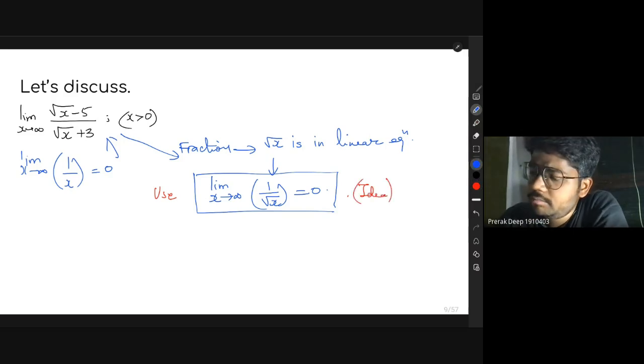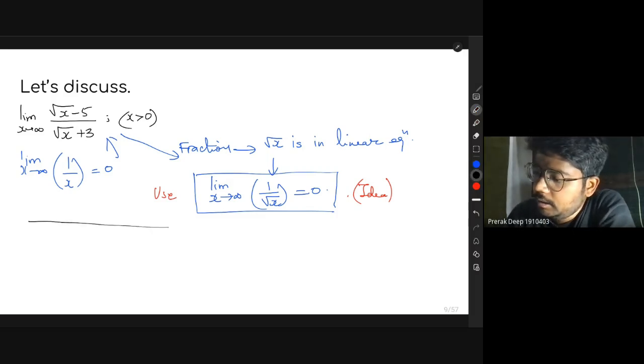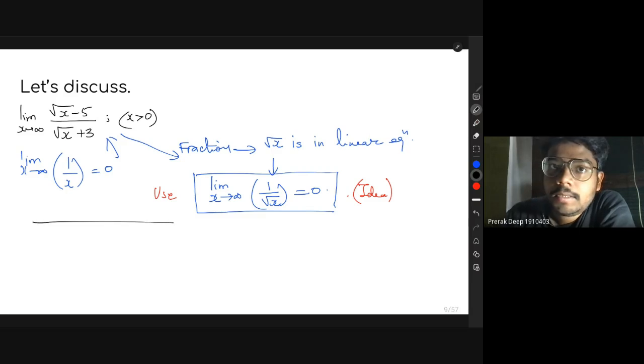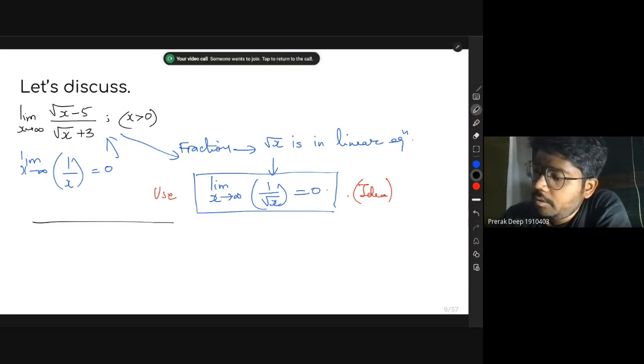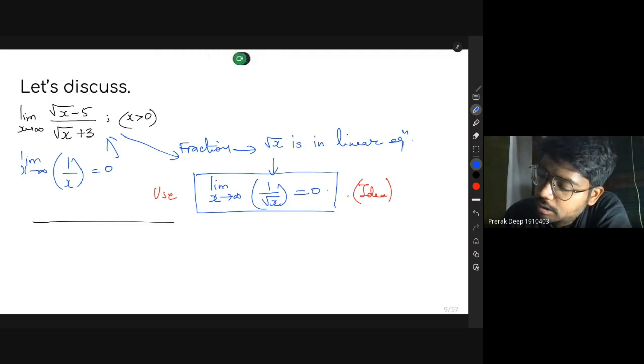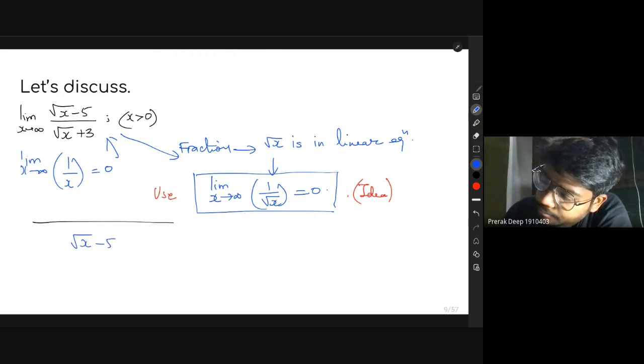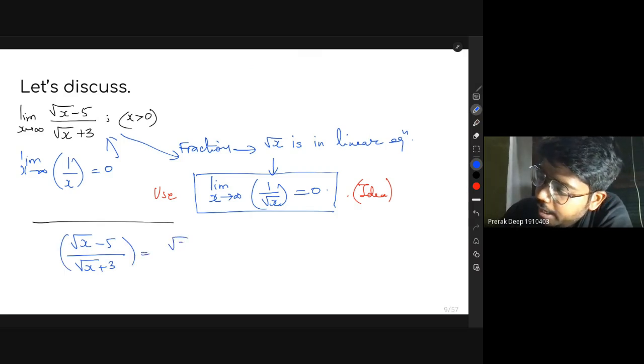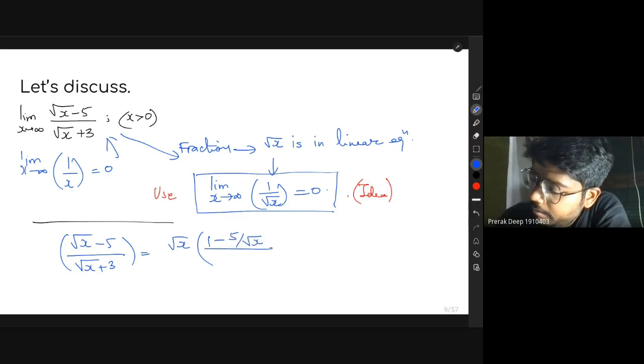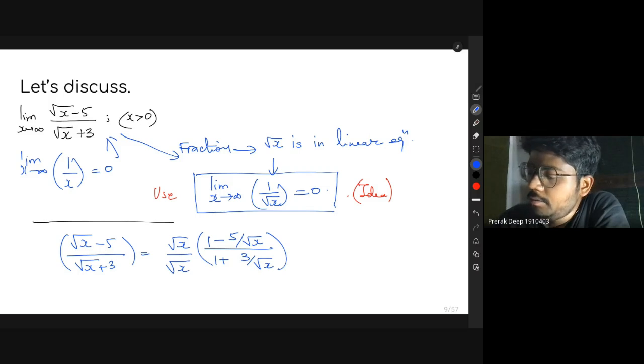And how do we do that? It is simple. I think you can also guess the solution. The idea is to just take square root of x common. So you will get 1 minus 5 over square root of x, divided by 1 plus 3 over square root of x.